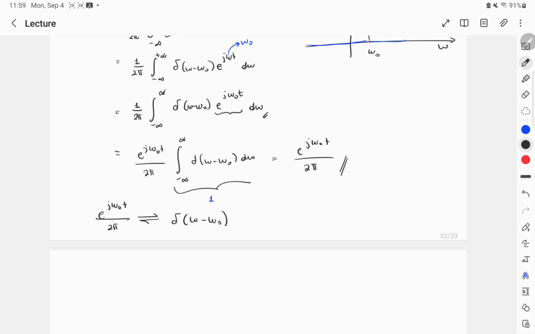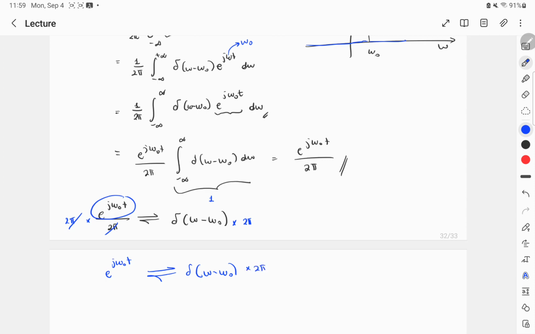However, we are asked just to find the Fourier transform of e to the power of jω0t, and in order to do this we are going to multiply both sides by 2π, and that is what we are going to do. So we can see that here the Fourier transform of e to the power of jω0t is actually 2π times δ(ω − ω0).